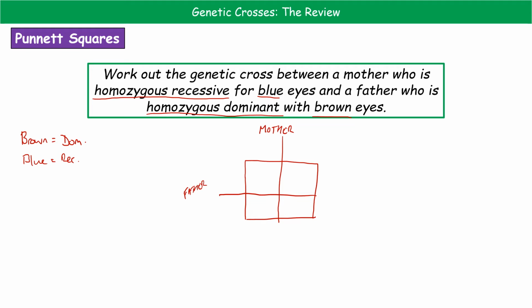So first thing we need to do is if they're homozygous recessive for blue eyes, so the mother is homozygous recessive for blue eyes, that means she has blue eyes, and if she's homozygous recessive, it's going to be both lowercase b's because it's recessive, homo, same. The father is homozygous dominant with brown eyes, so he's got brown eyes, and homo, the same, both capitals. We can then split those into our individual gametes.